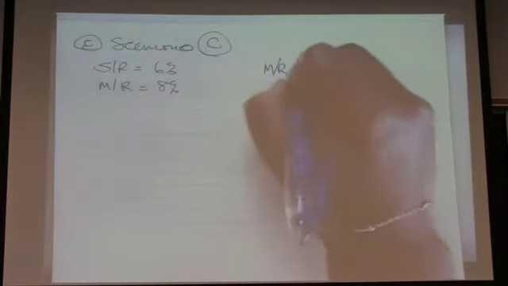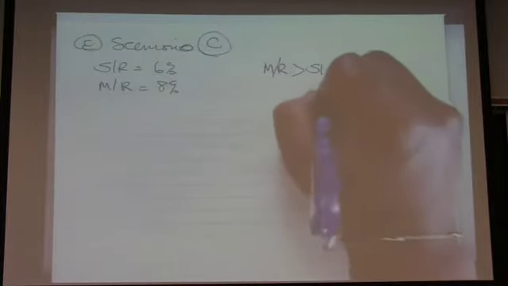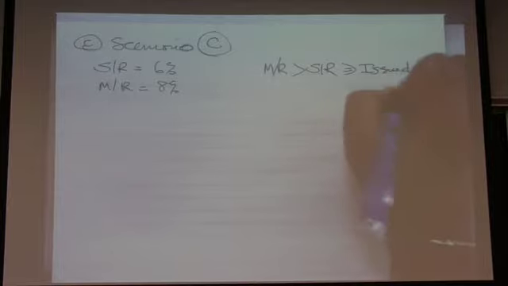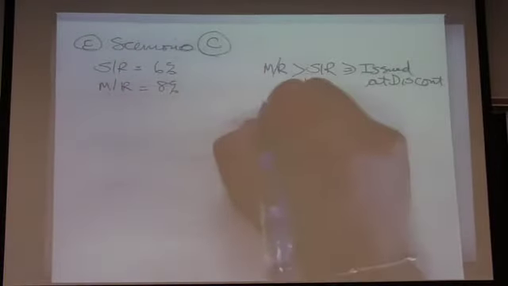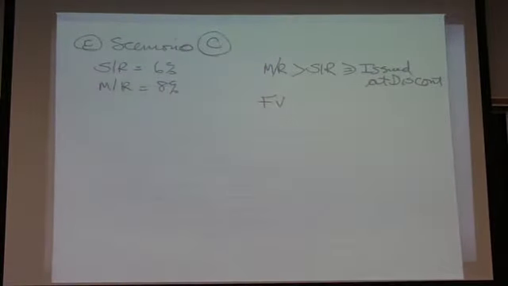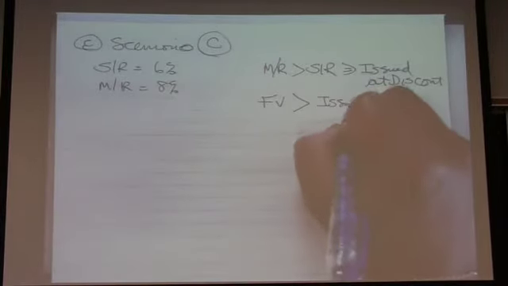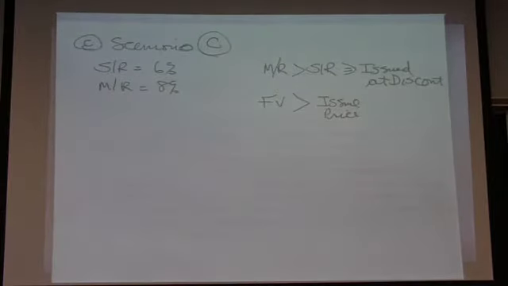So we know that if market rate is greater than stated rate, then that means that the bonds are issued at a discount, which means that the face value of the bond is going to be greater than the issue price, which is opposite to the premium example.